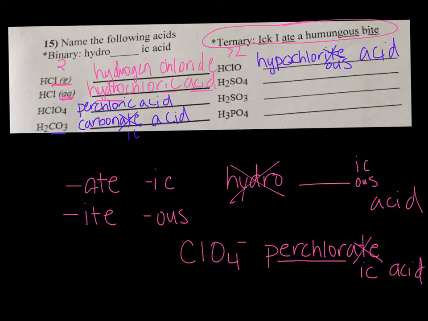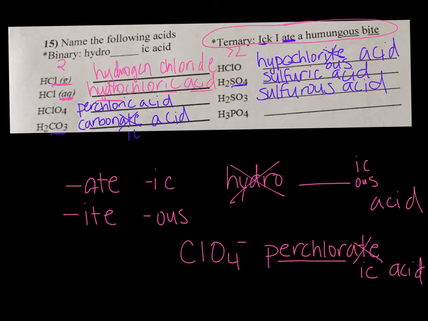The next one, we're dealing with a sulfate. So this would turn into sulfur. Remember, sulfate turns into ic. So sulfuric acid. The next one we have sulfite. So this will be sulfurous acid.